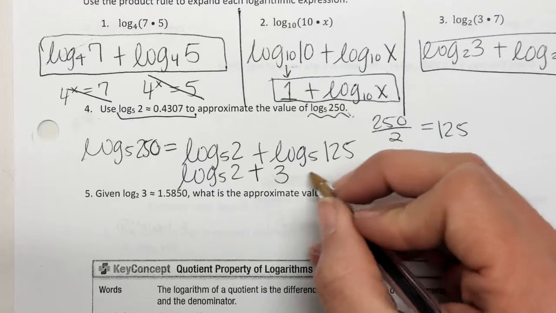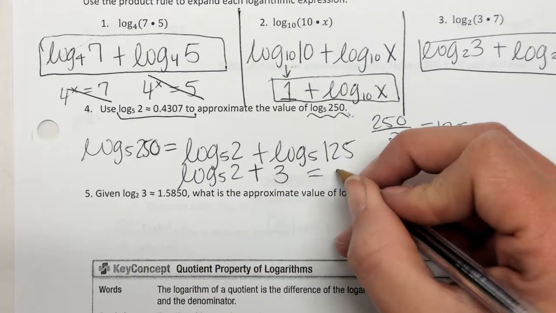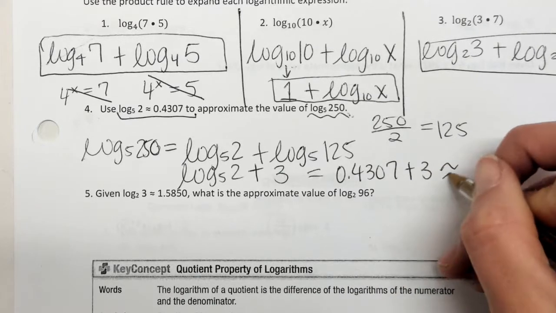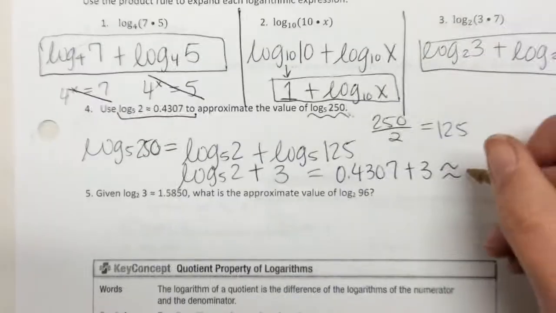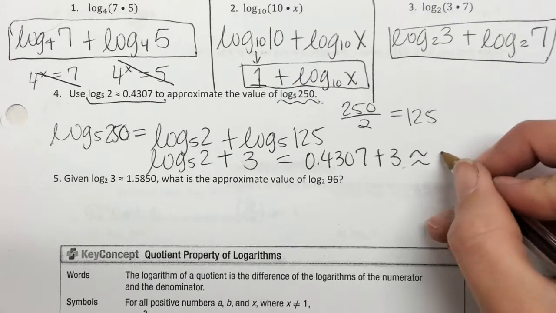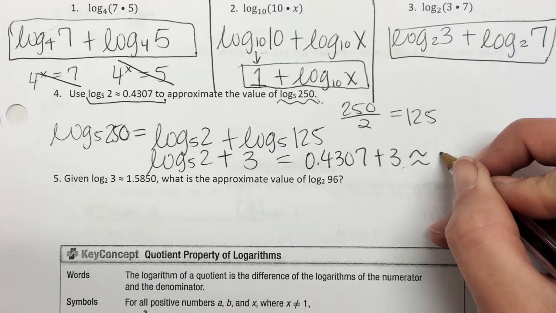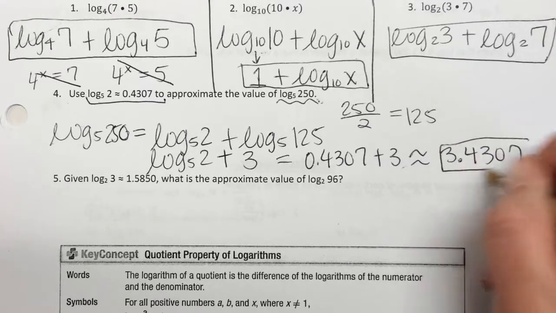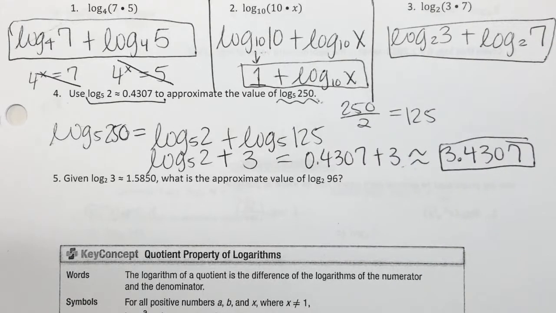Yes. So now we can write this as, instead of log 5 of 2, 0.4307 plus 3. And now you can tell me what log 5 of 250 is just by adding these. So go ahead and add it, and that would be what? You don't need your calculator. 3.4307. Very good. So everyone understood what I did there? Kinda?